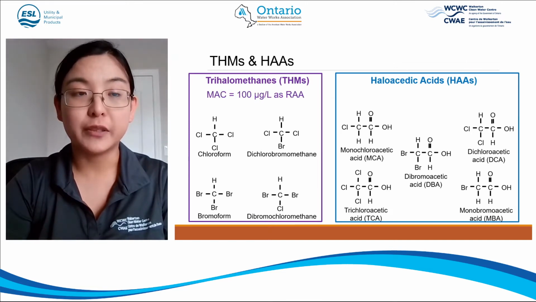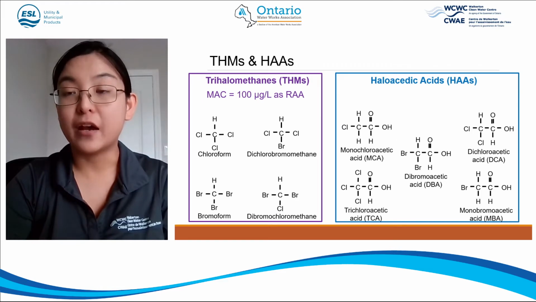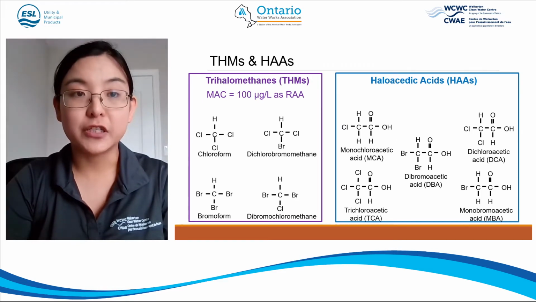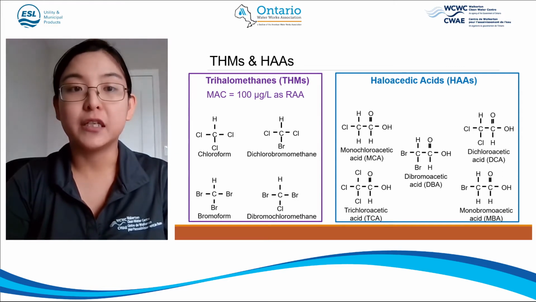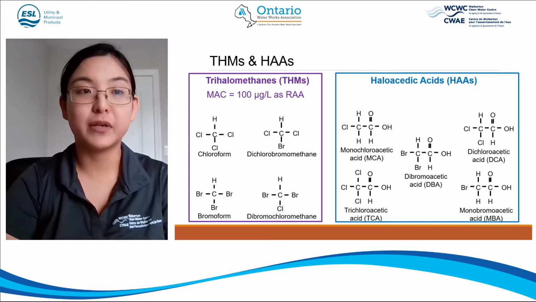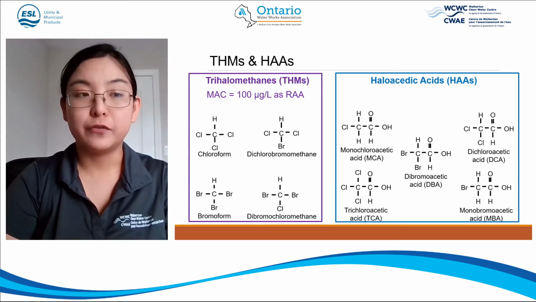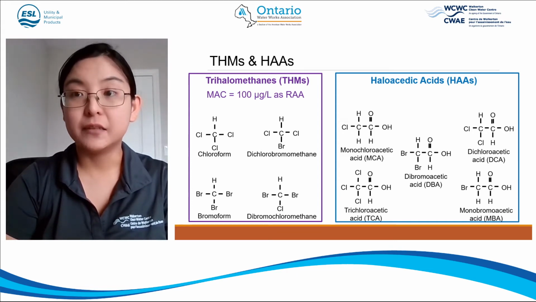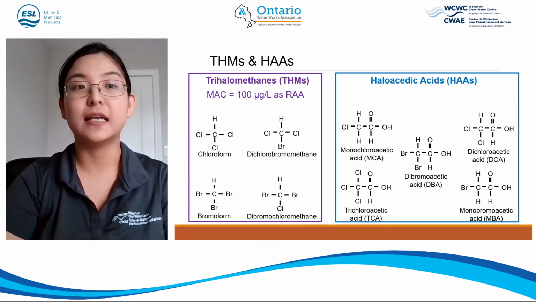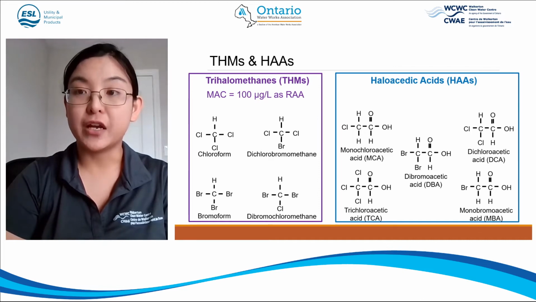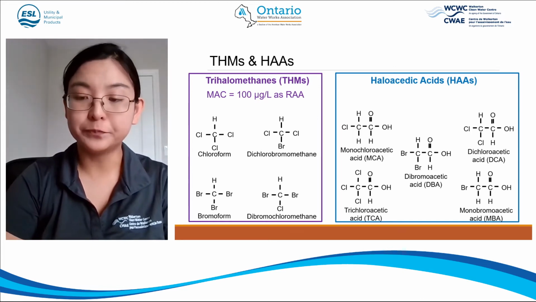So far, our regulation in Ontario and also Health Canada is 100 micrograms per liter as a running annual average of the quarterly results. That means we measure THM every 3 months, and we average the 4 most recent results to get the running annual average, or RAA, value.